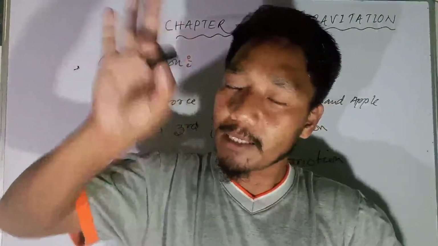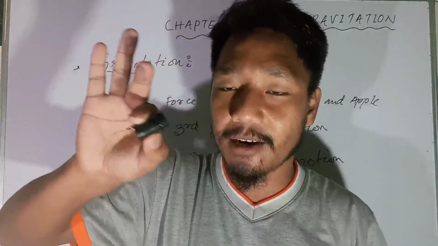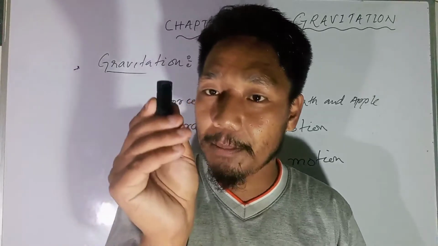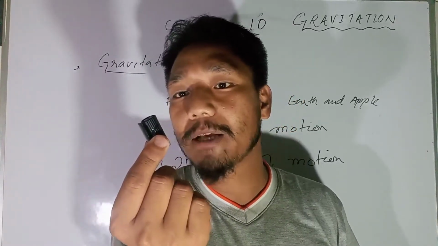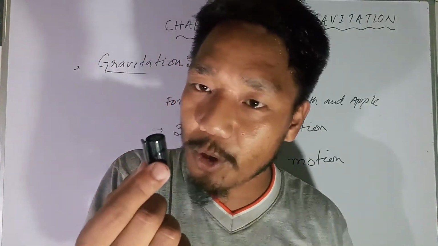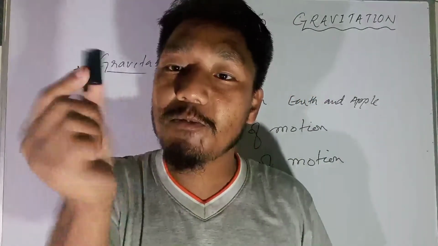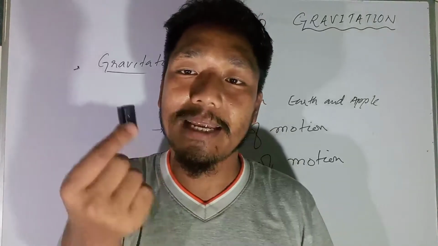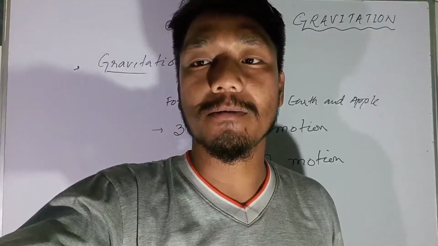This mass is also trying to attract the earth, but our earth is so big as compared to this cap that the force applied by this mass becomes negligible. That is why it falls toward the earth.